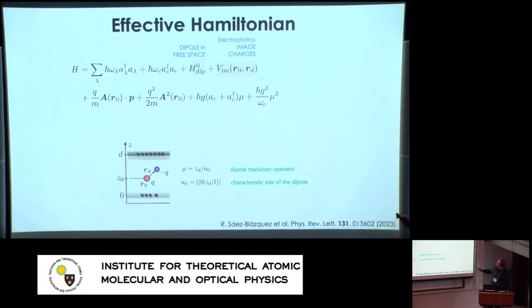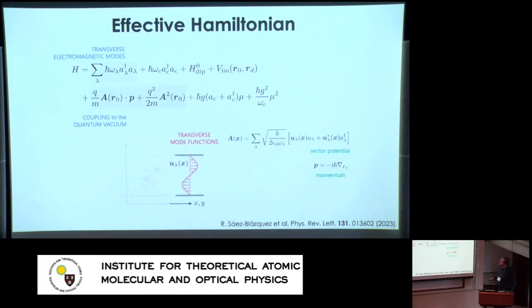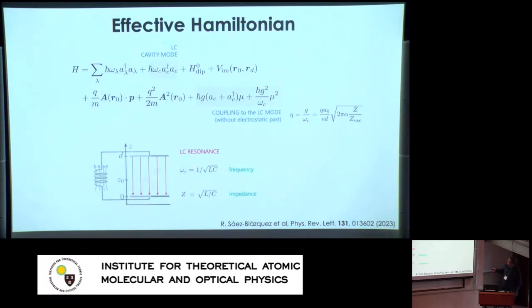Write it here. We take into account the electrostatics, so that's basically the image charges on the plates that will modify my emitter. I take into account all of the transverse electromagnetic modes in this perfect mirror cavity, and they're coupling through the vector potential with the emitter. And I take into account an extra LC cavity mode, where I assume that I have connected my two plates with an LC circuit, and that gives me this linear coupling.